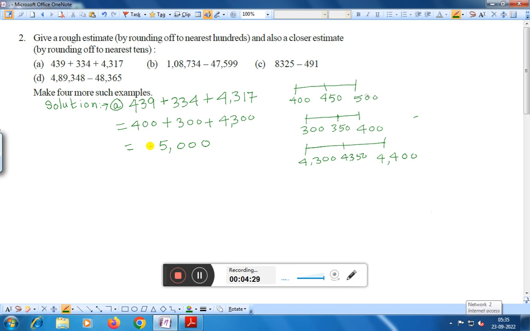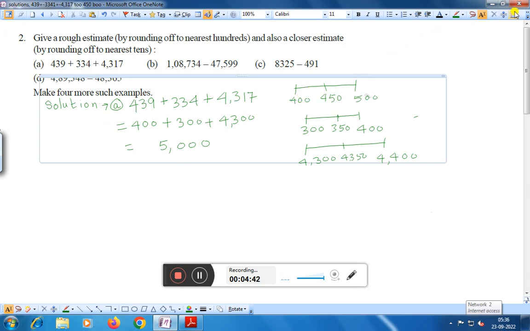Now, we will have a closer estimate by rounding off to nearest 10. Let's see what is the answer. Now, the first answer is how much? 5,000. Right?